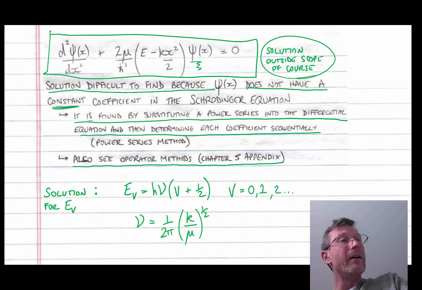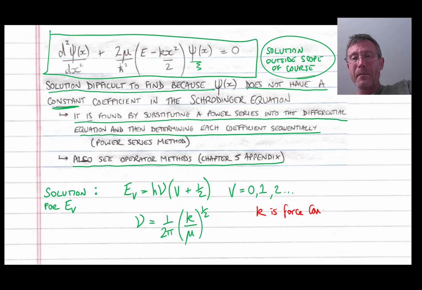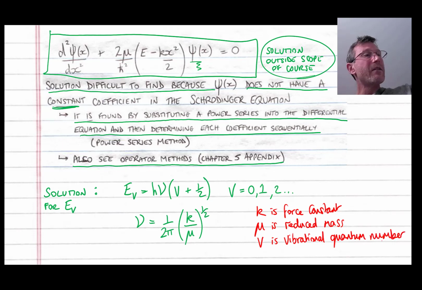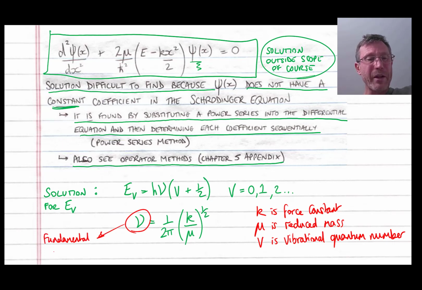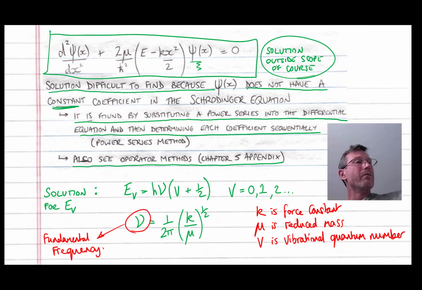So the K is the force constant. The mu is the reduced mass, and the V is the vibrational quantum number. And we're also going to recognize now that this new term, this is going to be the fundamental frequency. We'll come back to that.